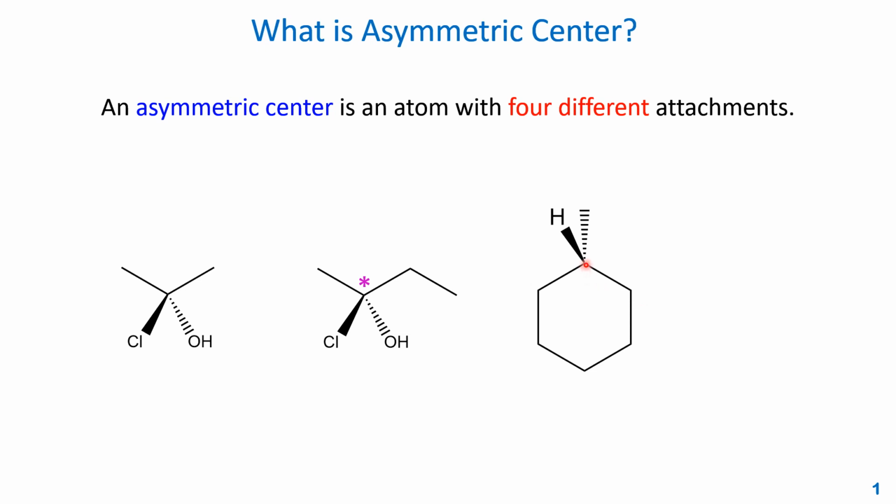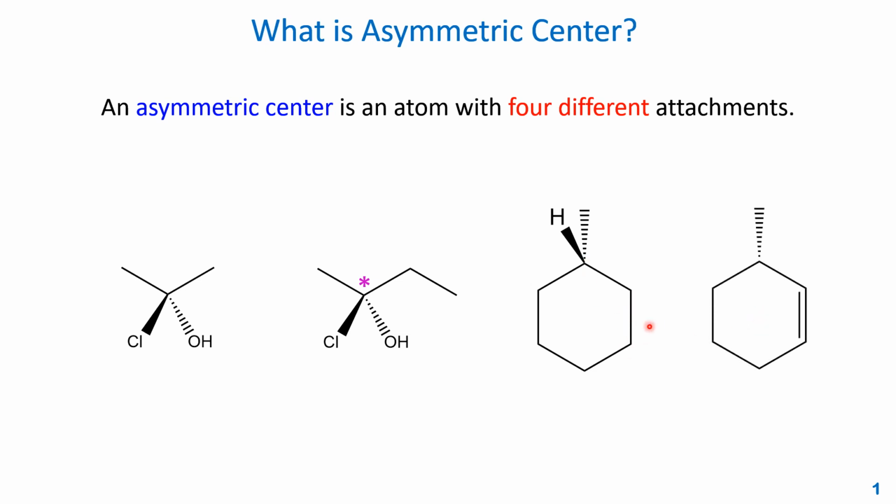Now this carbon has a hydrogen and methyl, that's different. And these 2 CH2 are the same. Now you look at the further attachment, that's also the same. Further attachment is here, CH2. So basically this carbon has 2 same attachments here. So that's not an asymmetric center.